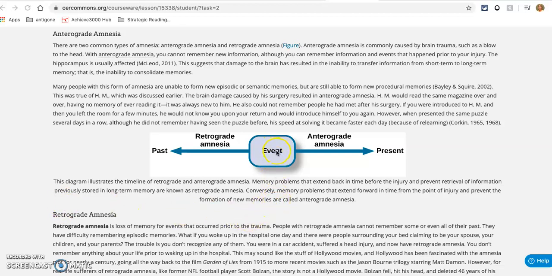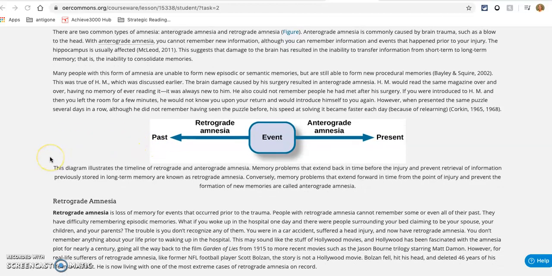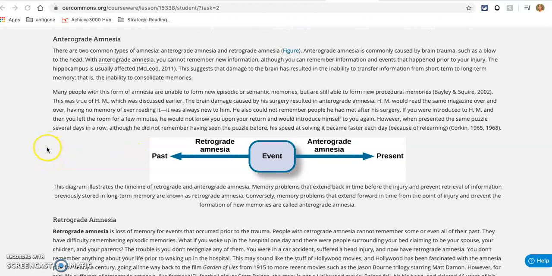So again, from the event, problems with the event to the present, anterograde. Problems with the past, the event in backwards, is retrograde. This appears to me to be the kind of stuff that those soap opera characters often find themselves in. They've lost years of their life.